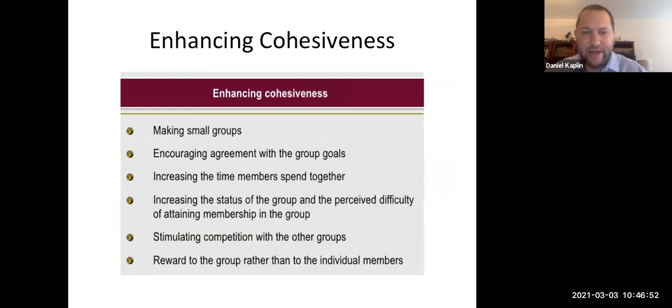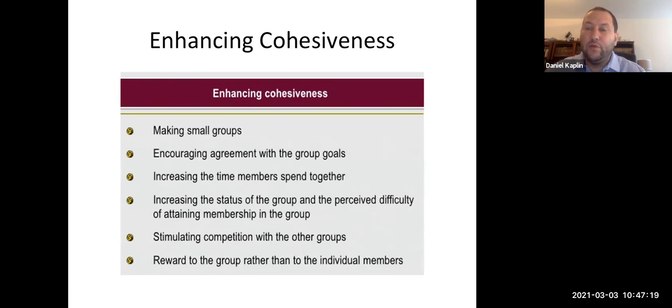Here are some factors that could improve group cohesion. Make smaller groups, right? Make the group small enough that everyone can contribute and can't hide. The larger the group, the more a person can fade out, but not too small where there's too much of a spotlight on any one person.